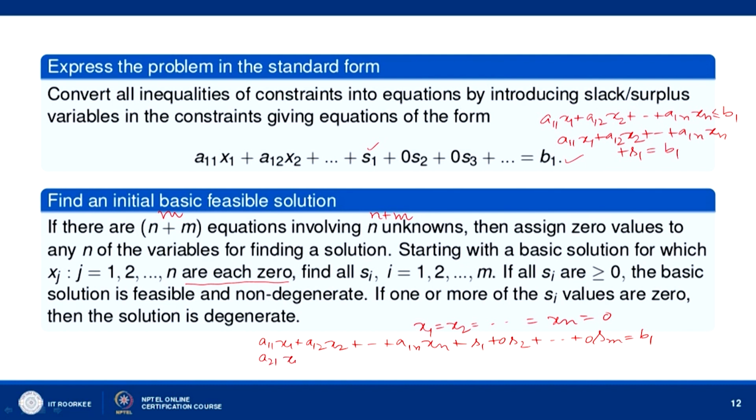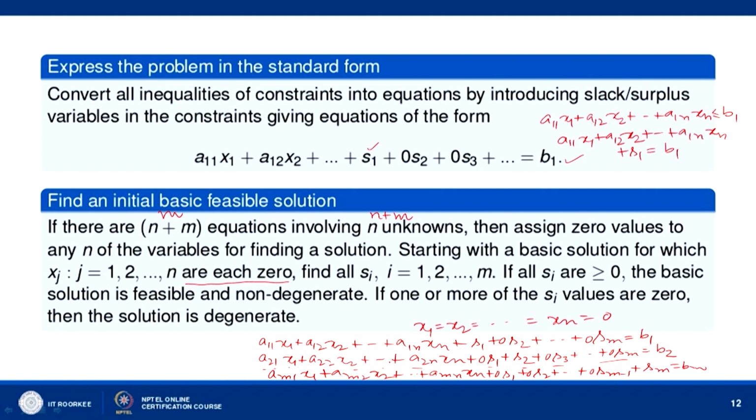Second equation: a21 x1, a22 x2 and so on, a2n xn plus 0 S1 plus S2, 0 S3 and so on, 0 Sm equal to B2, and the last mth equation is am1 x1, am2 x2, amn xn, 0 S1, 0 S2, 0 Sm minus 1 plus Sm equal to Bm.